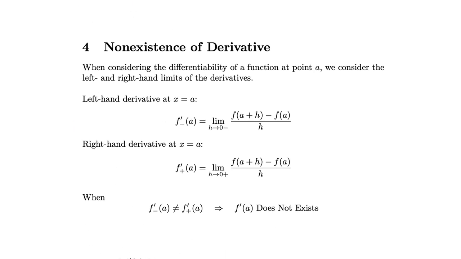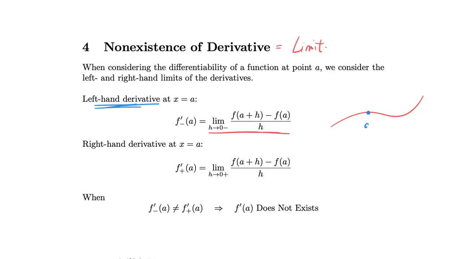So now we're going to consider when a derivative does not exist. So we're going to recall that the derivative is ultimately defined by a limit. And for a limit to exist, we need the left hand and the right hand limits to exist and agree. So if we examine what the left hand limit is, this is essentially the left hand derivative at x equals a.